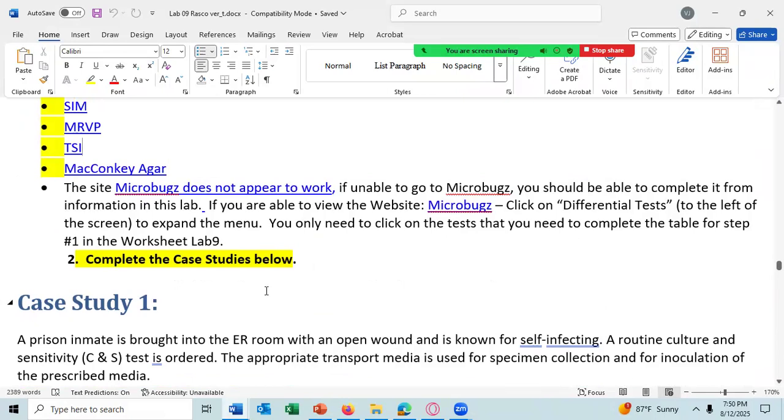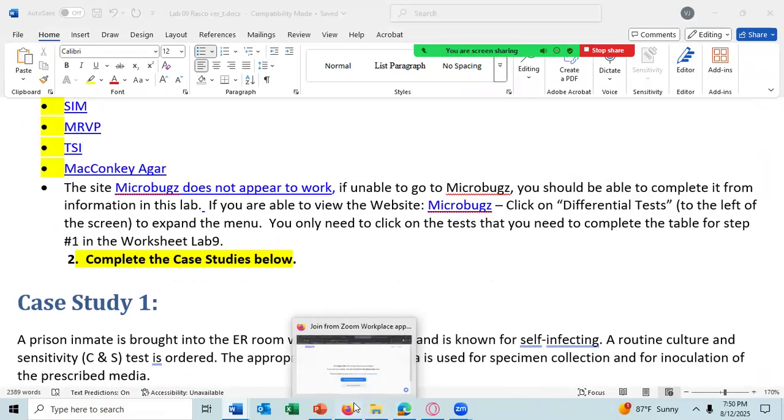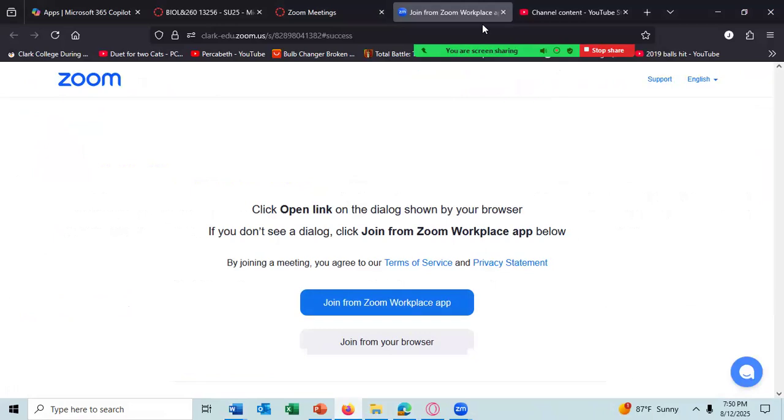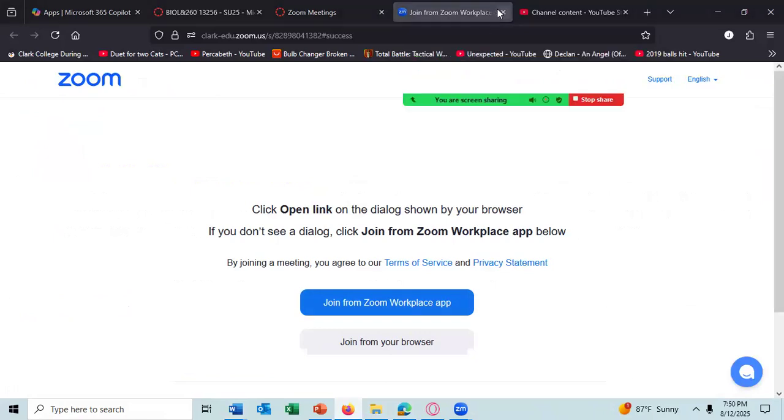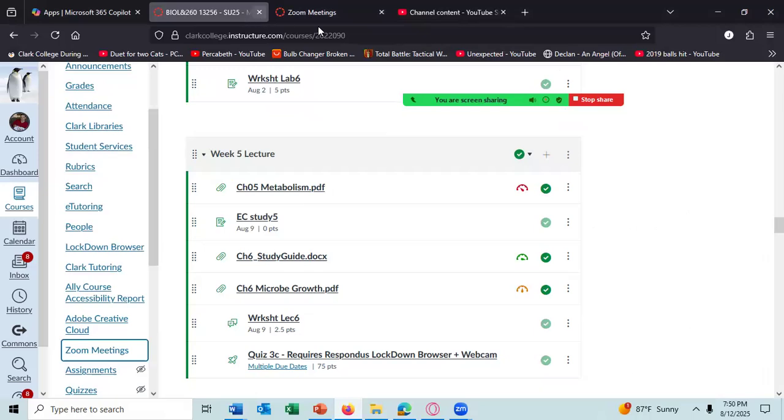I'm trying to figure out where the worksheet is on this. I don't think I have it in there, which is a mistake. Let me just check your version. Come on. Close that one down.